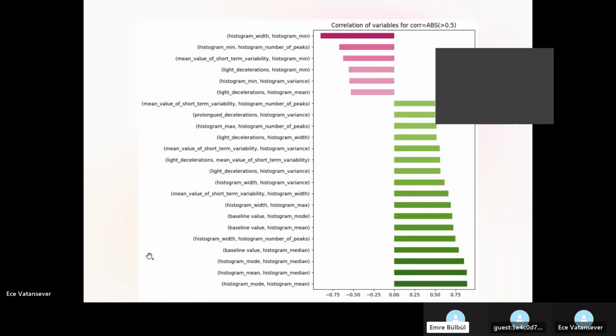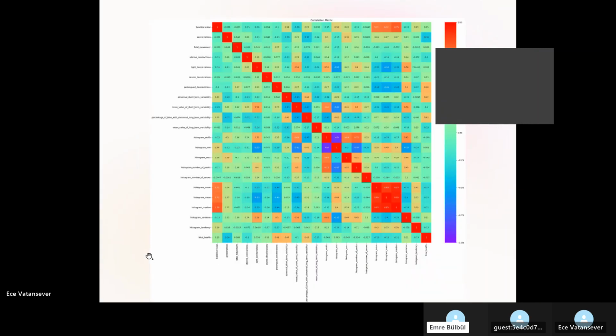If we look at the other slide here in this heat map, the statistics from the CTG exam are interconnected. When we built this model, we paid attention to the related factors. Here, if you look at the bottom right part, this big red square, you can actually see that histogram mode, histogram mean, and histogram median are very correlated with each other, and they are all red.